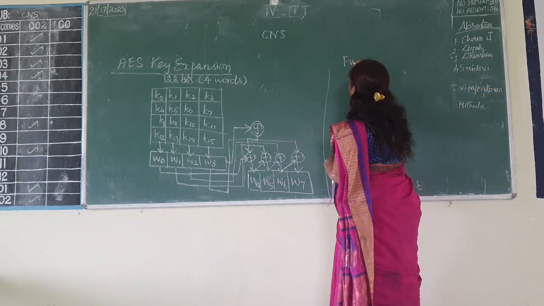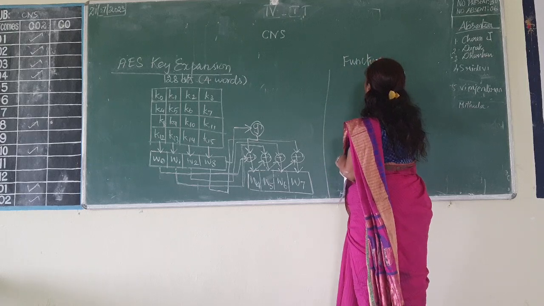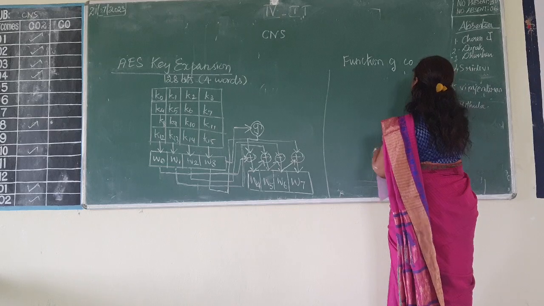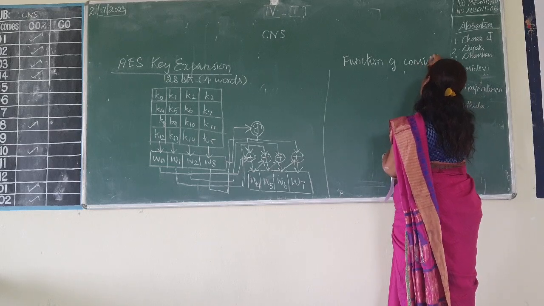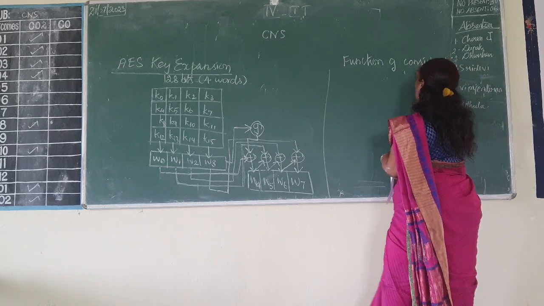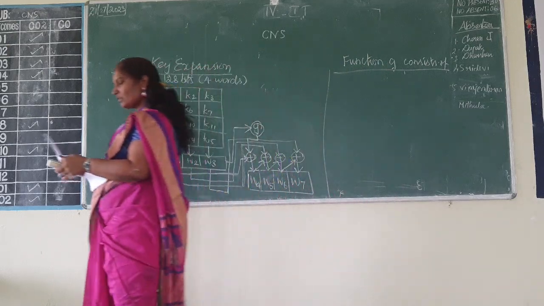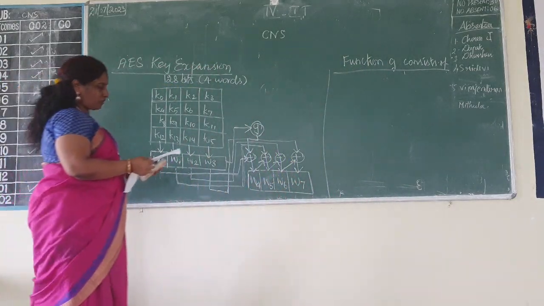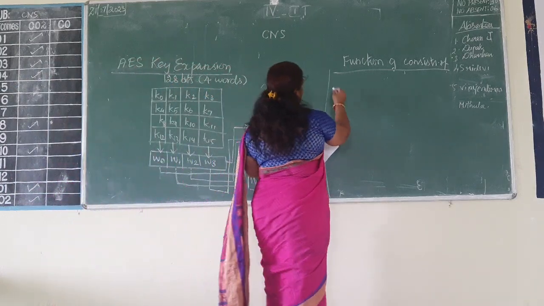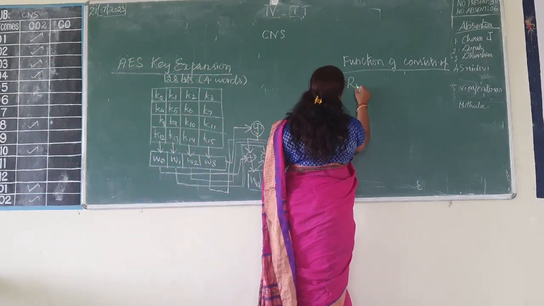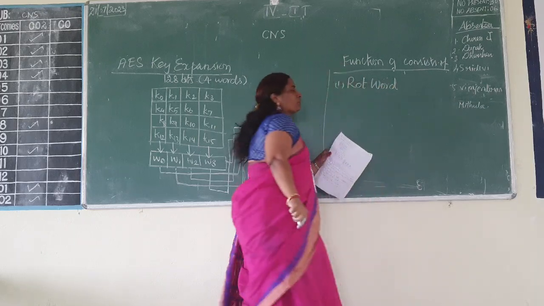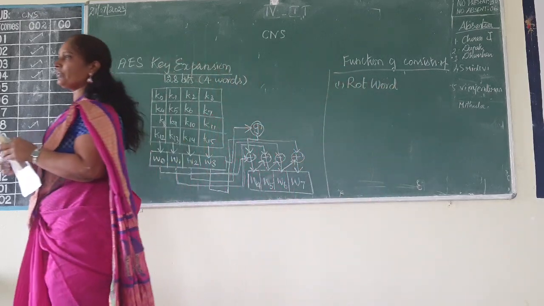Function G consists of, I want you to note down, first step, first function is RotWord. Rotate word.